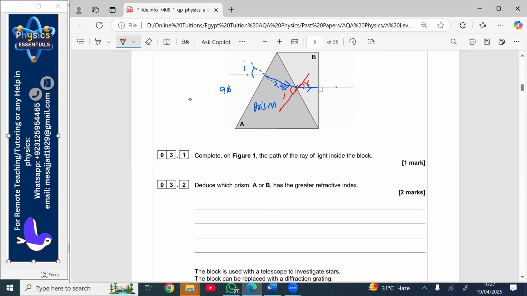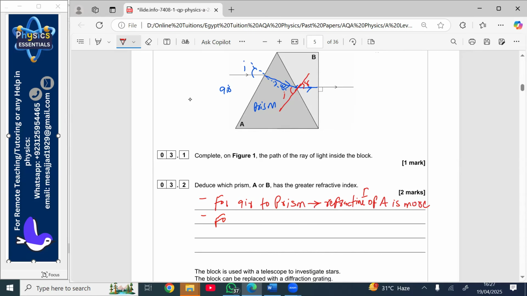And here we need to write, for air to prism, you can say that the refractive index of A is more because light is bending towards the normal.